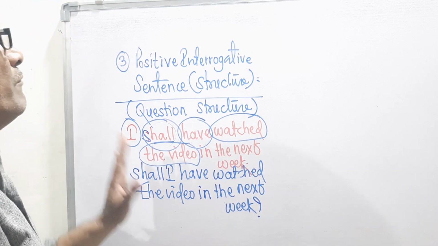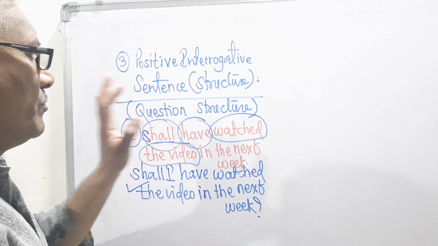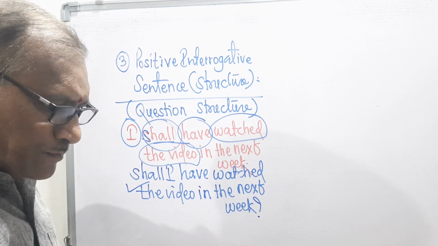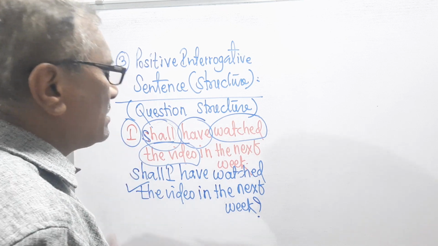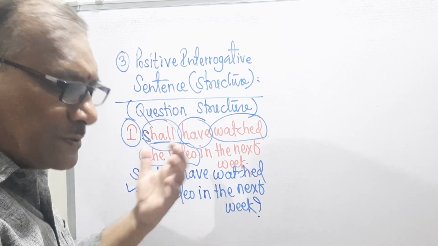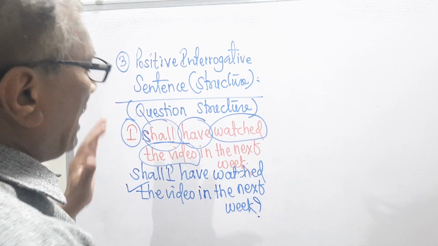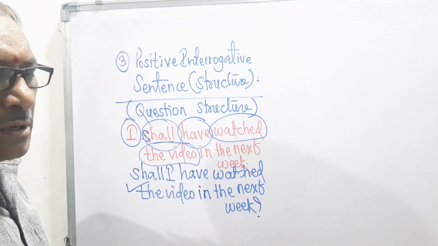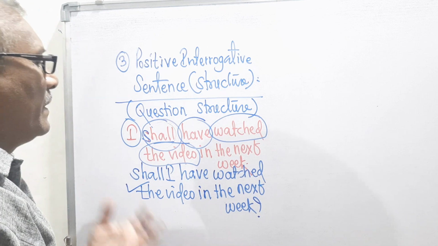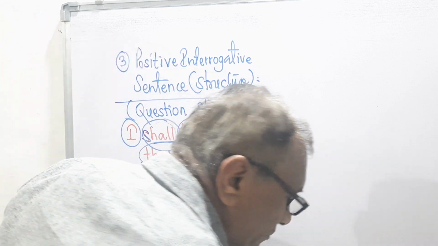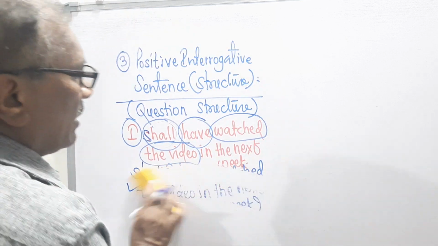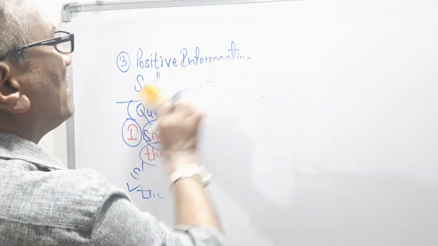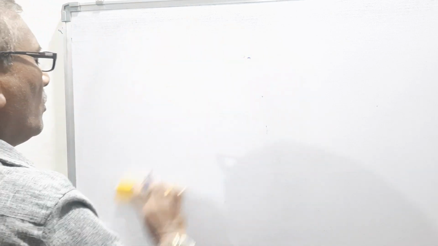In this way we can prepare the positive interrogative sentences, and we can ask questions to the person before us, and that person gives the answers to that question. That is also very important. We will see that part after some time here in this video only.